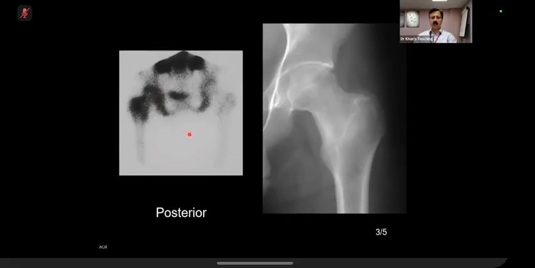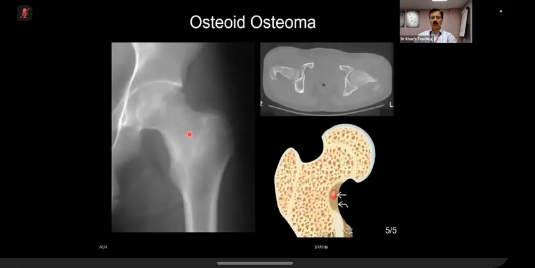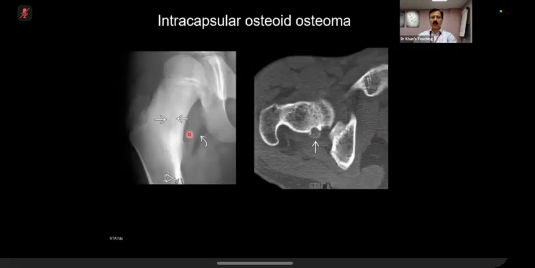Basically what happens is that this is what we call the intracapsular osteoid osteoma. So this is within the capsule, and this is a favorite for the examiners. And if you go back to anatomy, it is within the capsule of the joint. It can be lucent with a sclerotic center, though it might be on a CT scan.